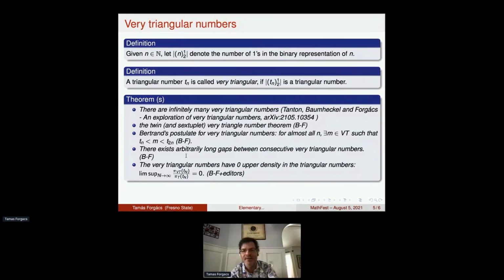And this particular student had discovered that they needed this result in order to be able to prove something related to the upper density of the very triangular numbers. The reason why this result is important is because it kind of shot our hope of using positive upper density as guaranteeing arithmetic progressions existing, so many arbitrarily long arithmetic progressions existing within the triangular numbers.